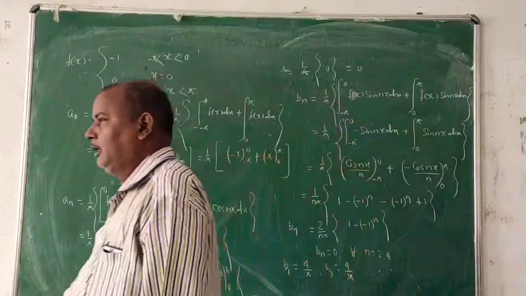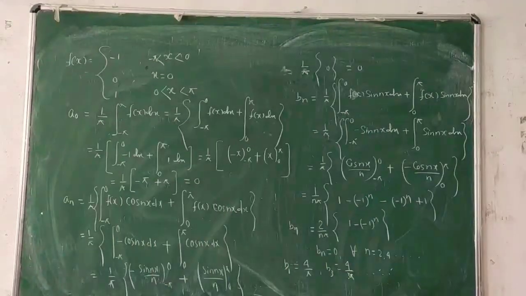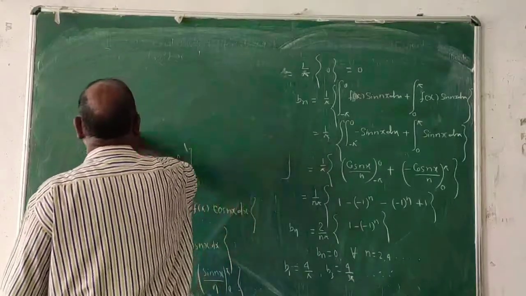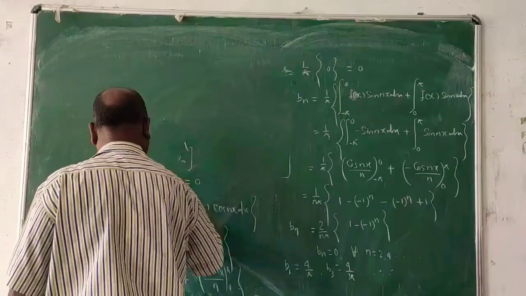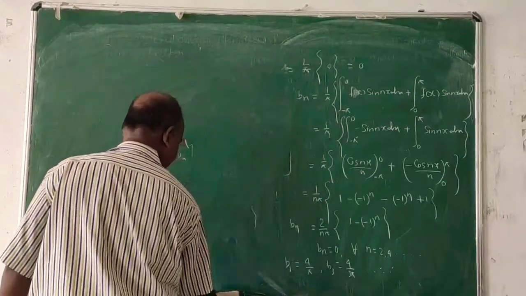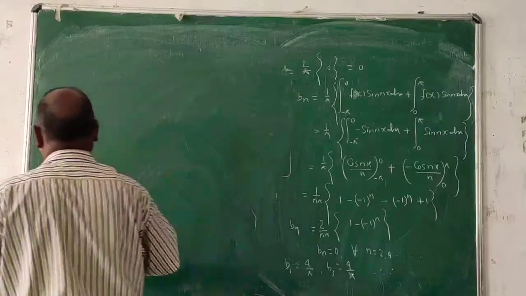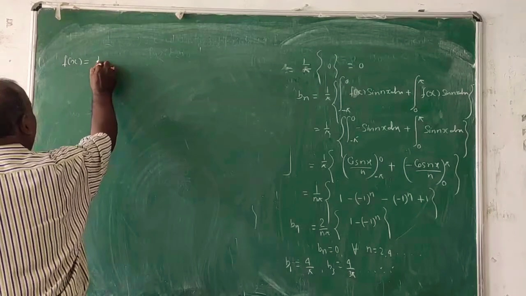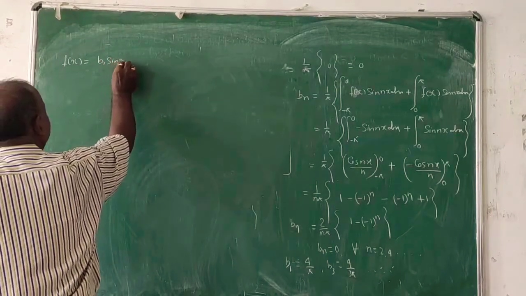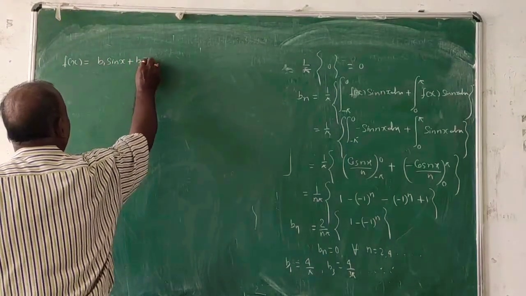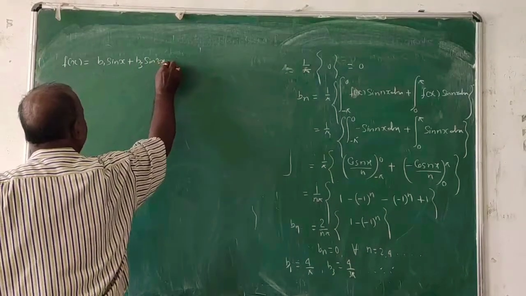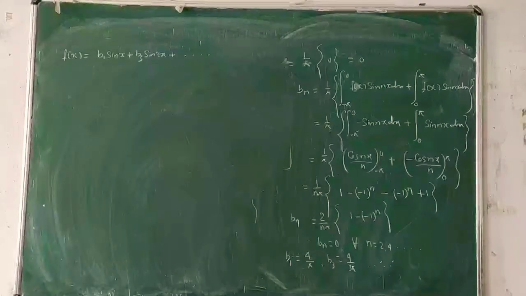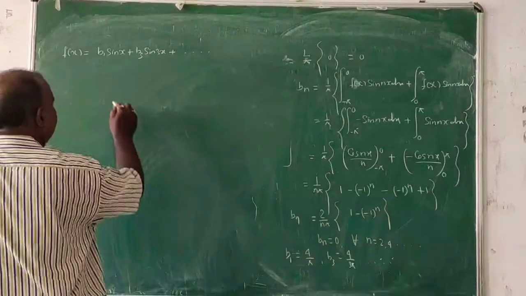Now let us deduce the Fourier series of this. f of x is equal to a naught plus b1 sin x plus b3 sin 3x, plus it will go on continuing. Substitute the values of b1, b3 here.